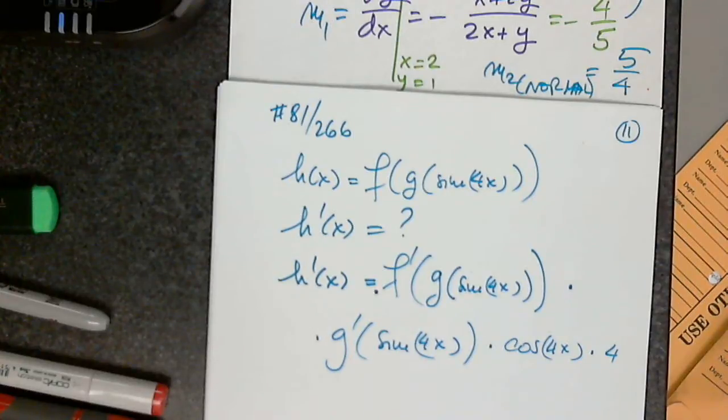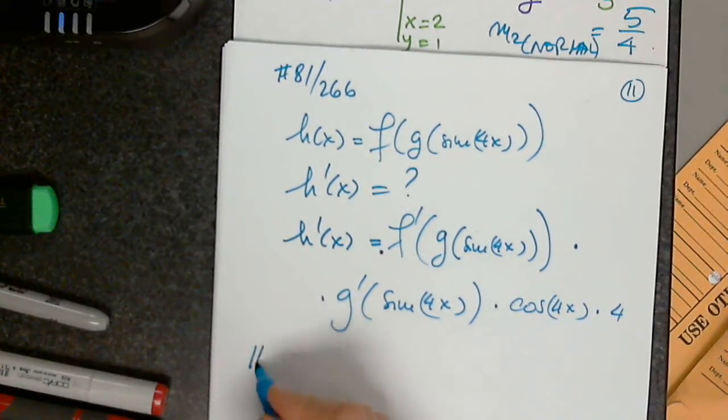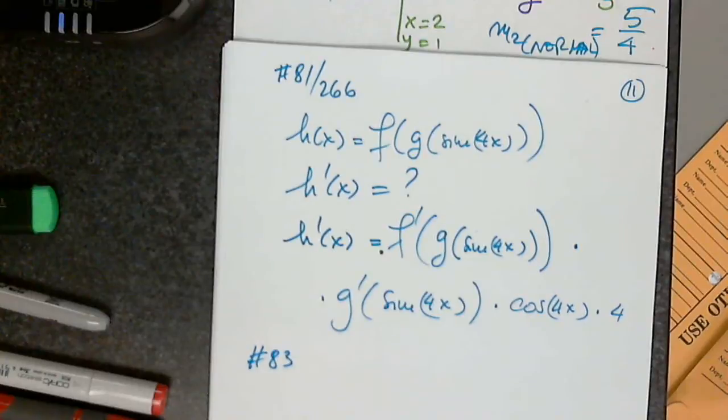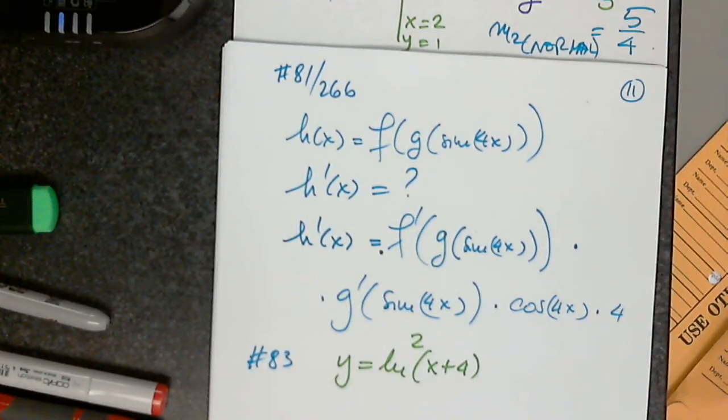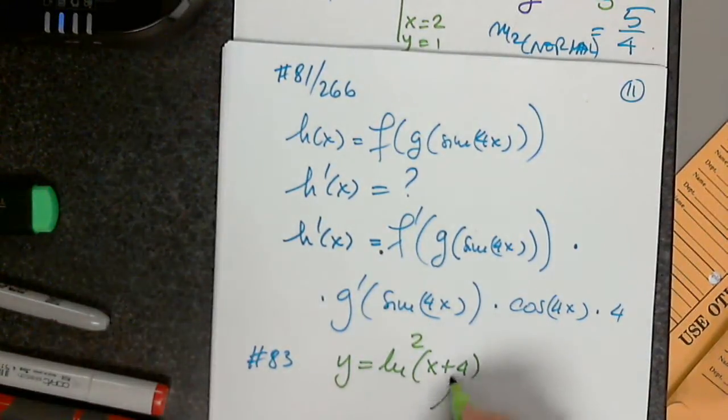Problem 83. Any questions on 81? At what point on the curve y equals natural log of x plus 4, squared, is the tangent horizontal?